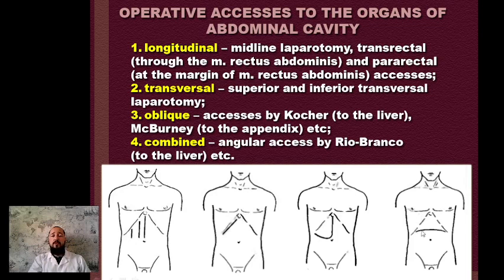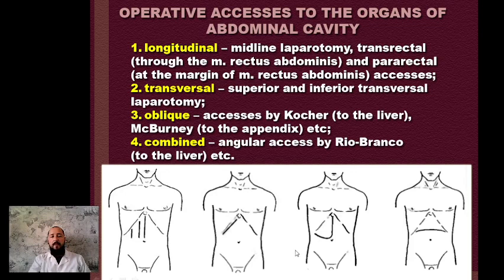Transversal laparotomy could be superior and inferior transversal laparotomy. It's always very traumatic, but gives us a very expanded approach to all necessary organs of the abdominal cavity during some voluminous operations.